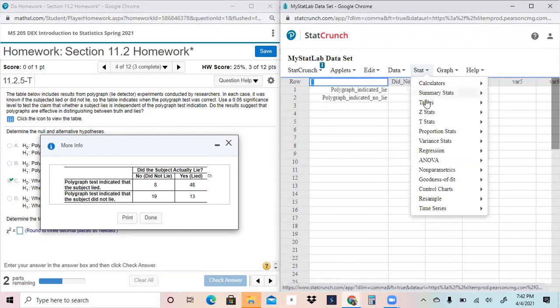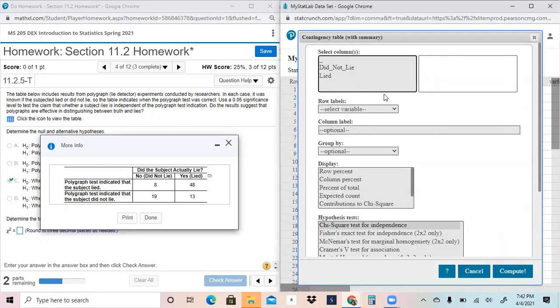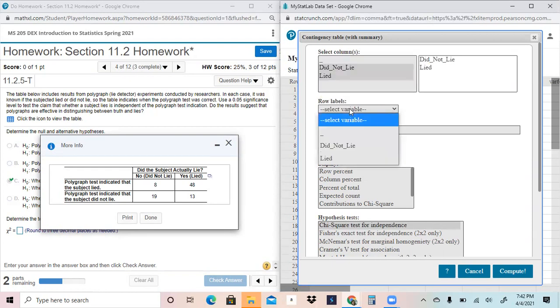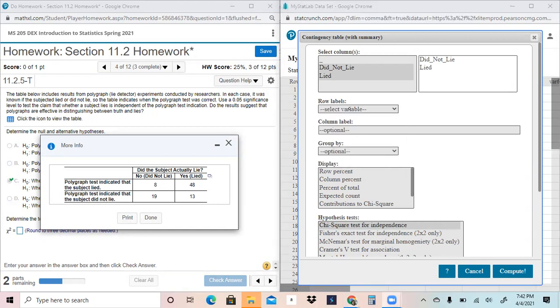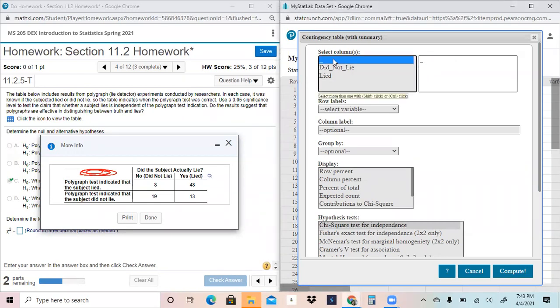When we go to Stat, Tables, Contingency, this is with summary. It's already been tallied and put in the boxes. The column headings are that he did not lie or that he lied. Now the row label, because you'll see that there isn't anything at the top of the column here, so I think this blank place is just going to be our row label.